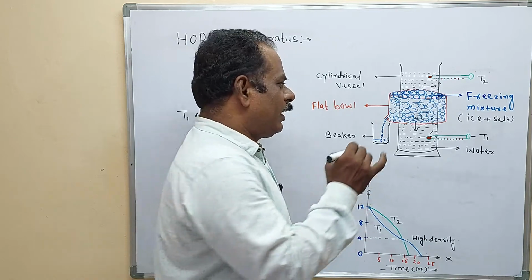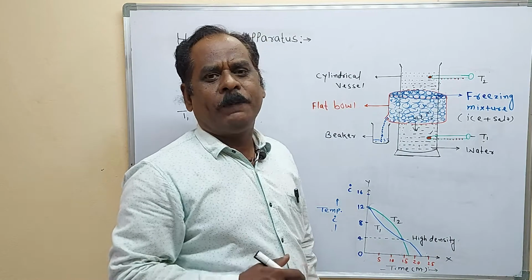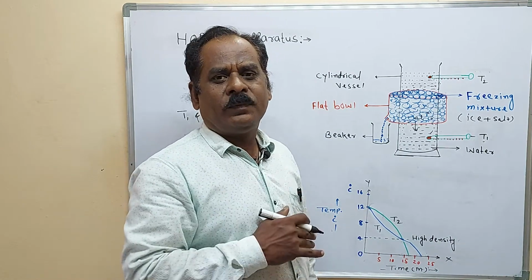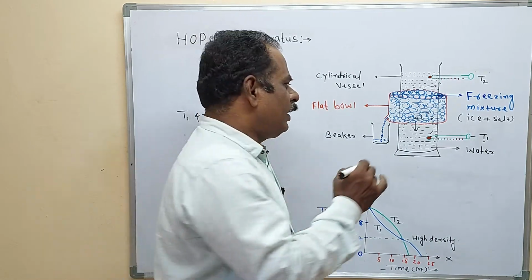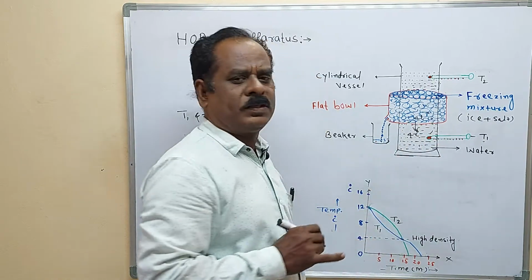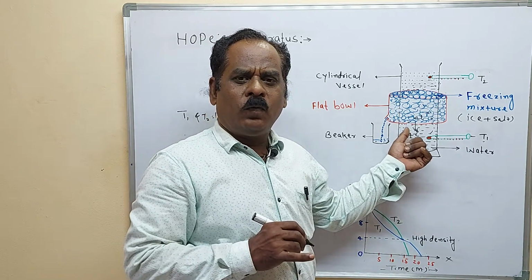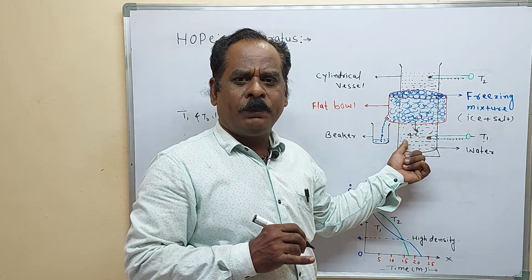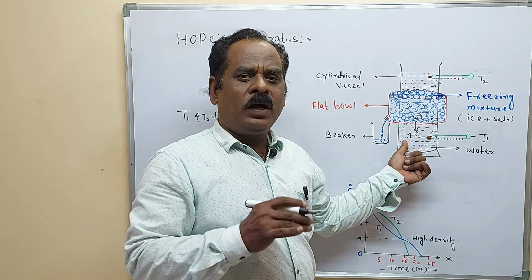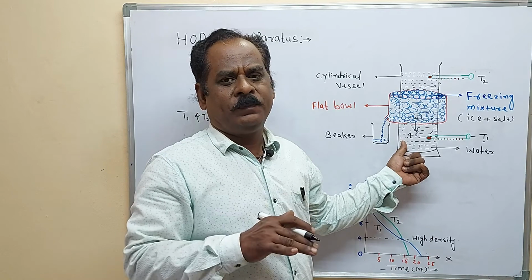Therefore, the temperature of thermometer T1 decreases fast until the temperature of the lower water is 4 degree centigrade. When the lower water reaches 4 degree centigrade, it does not change fast. It remains constant for a few minutes.